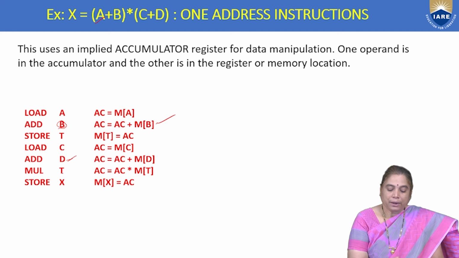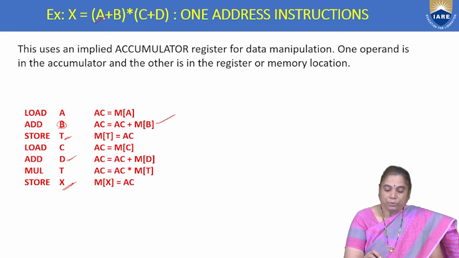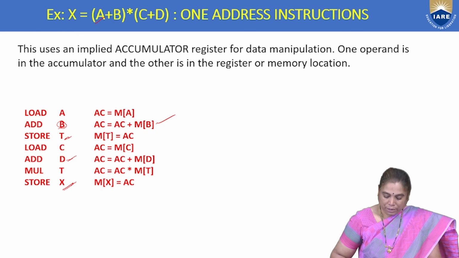Next, multiply T. The C plus D value is in the accumulator, and the A plus B value was moved to the temporary variable T. These values are multiplied and the result is moved to X. In this way, one address instructions can be used for expression evaluation.